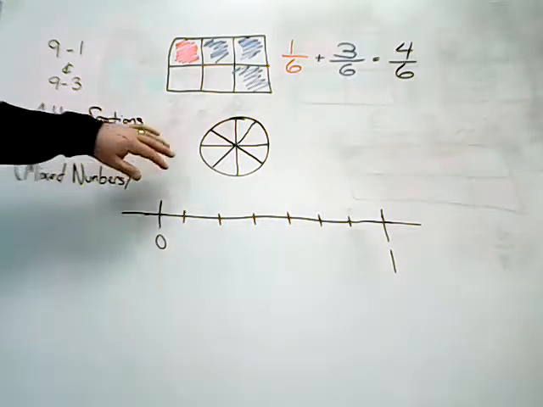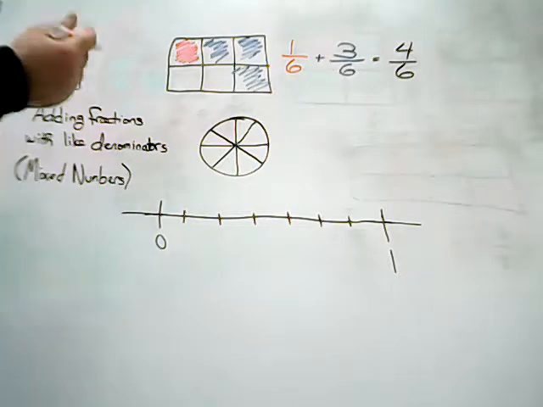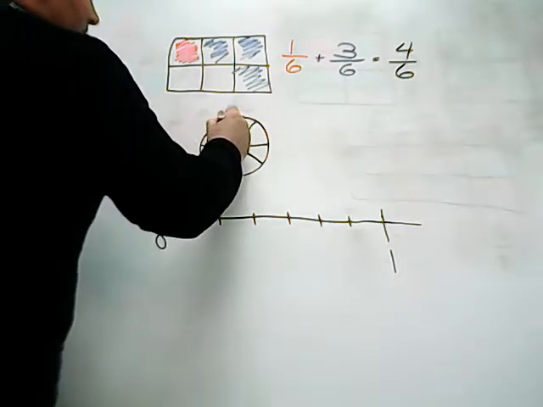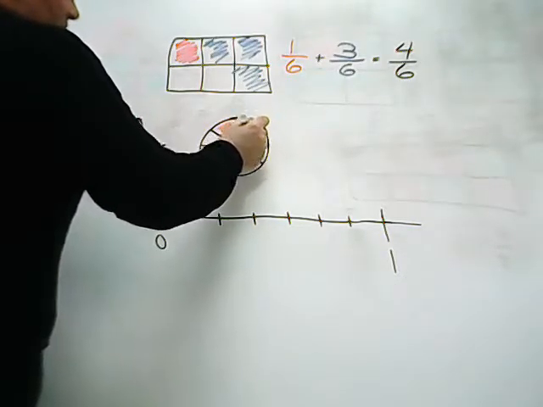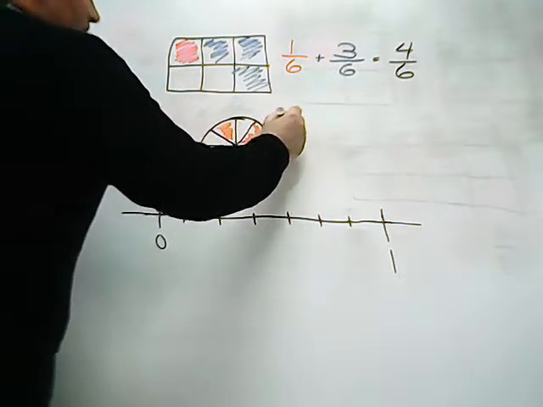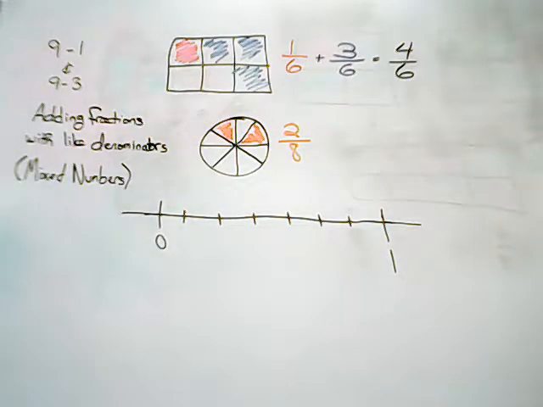Let's take the second example here. I have a pizza, and it's broken into 8ths. So, we'll say for lunch, I ate 2/8 of the pizza. 1/8, 2/8. So for lunch, in orange, I ate 2/8 of the pizza.